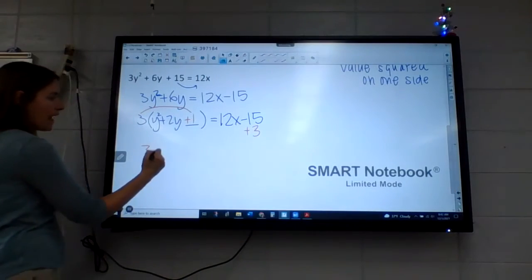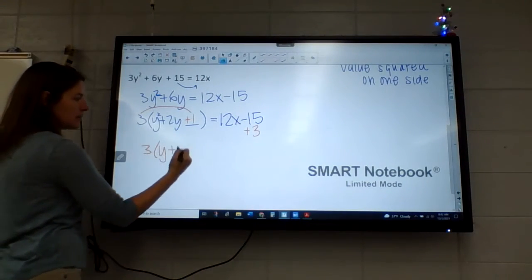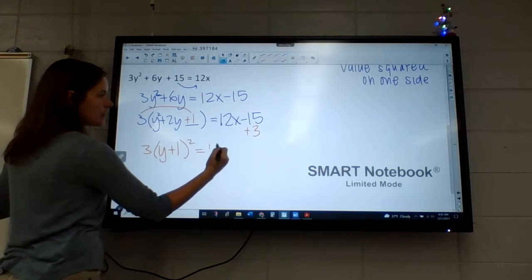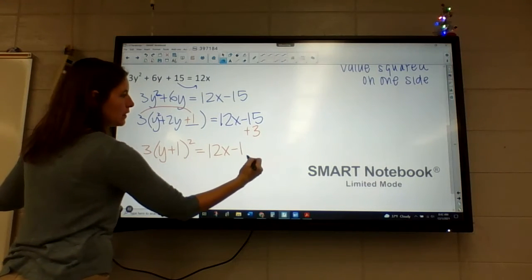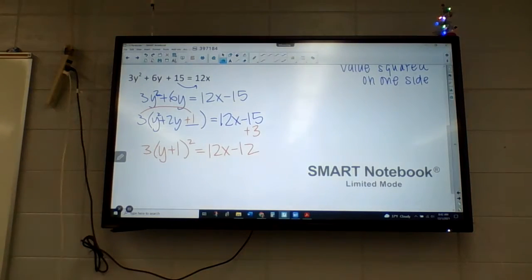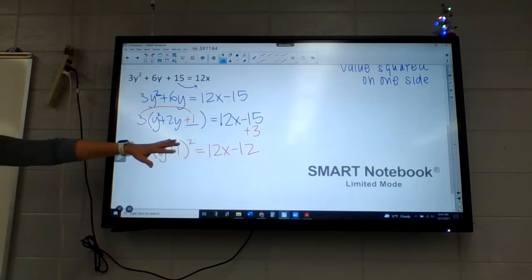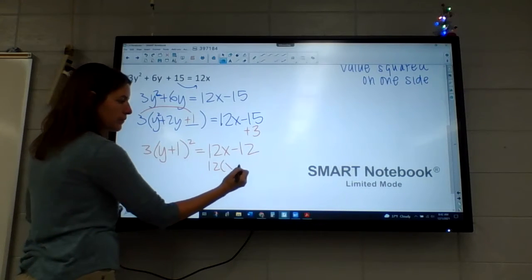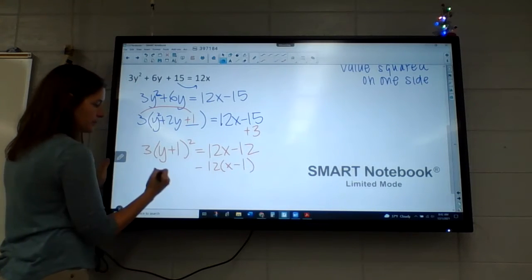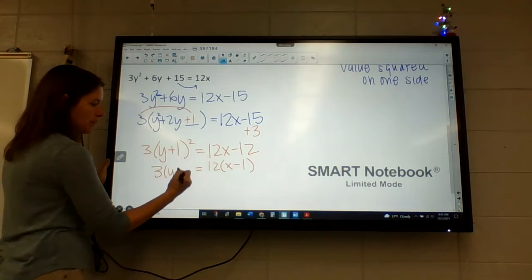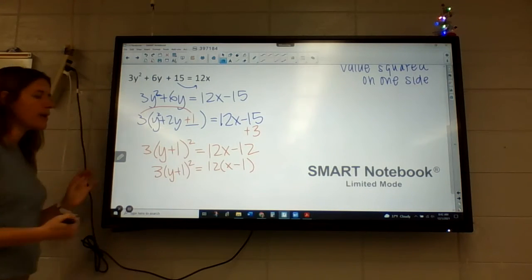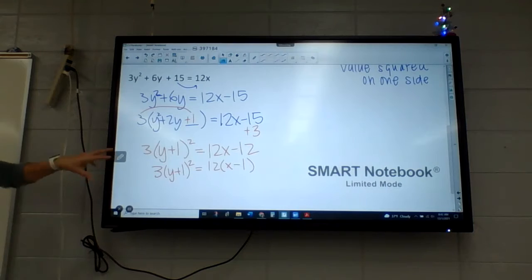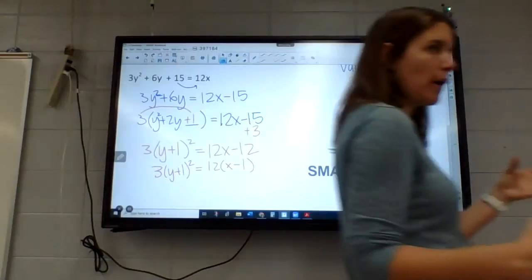So now we're ready to factor this. And then over here, now the right side is factorable. I can take out a 12. But if you look at our standard form for an equation, there shouldn't be anything in front of the value that's being squared.